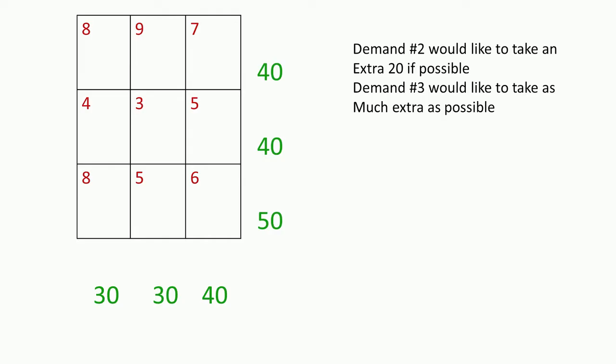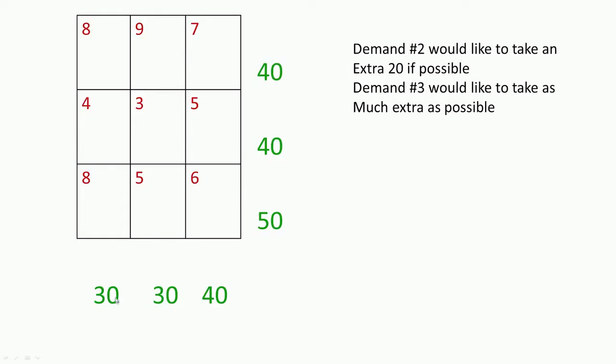We also bring in another aspect into the problem and say that demand number 2, which right now requires a minimum of 30, is willing to take an extra 20 if given, and demand number 3 would like to take as much extra as possible. So, now the person with demand 1 is going to take exactly 30.